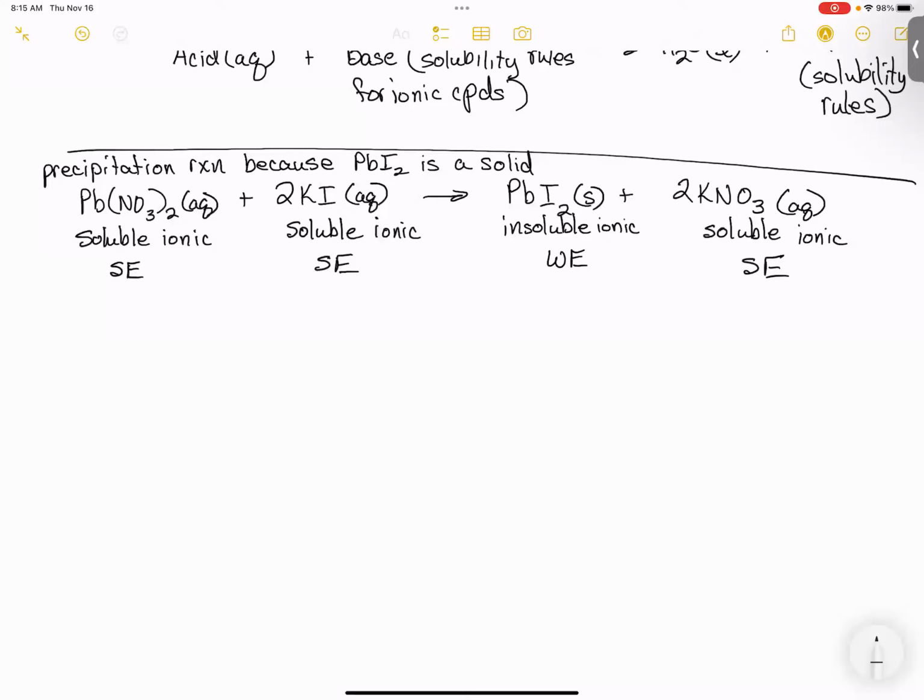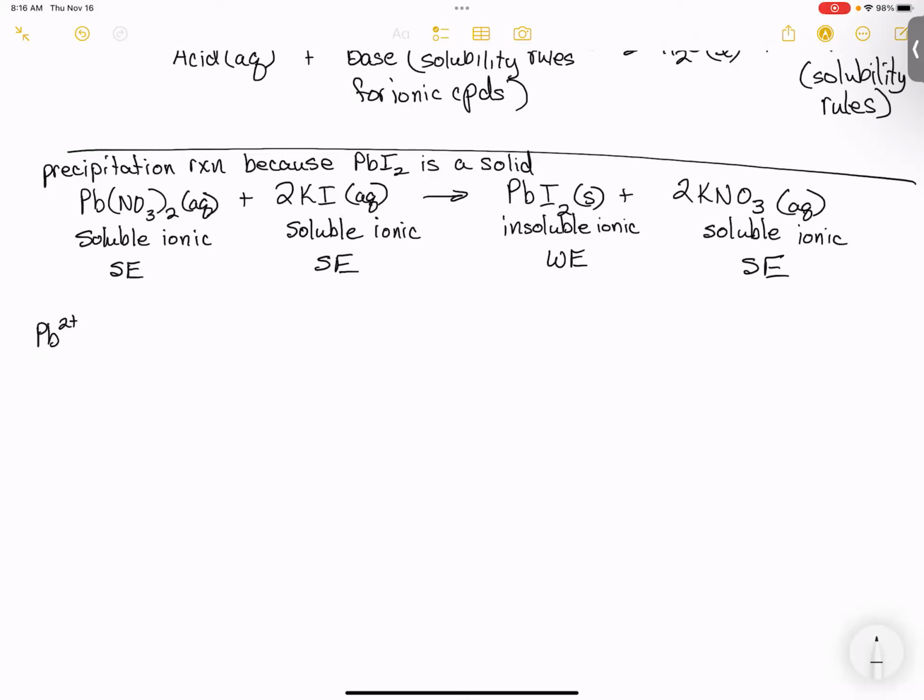So what is the cation in the lead 2 nitrate? Lead 2 plus. And what is the anion in lead 2 nitrate? Nitrate.